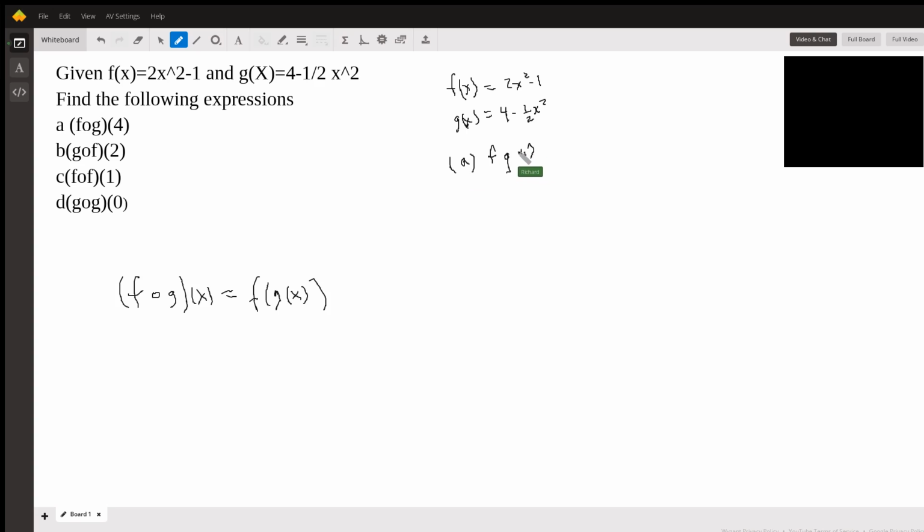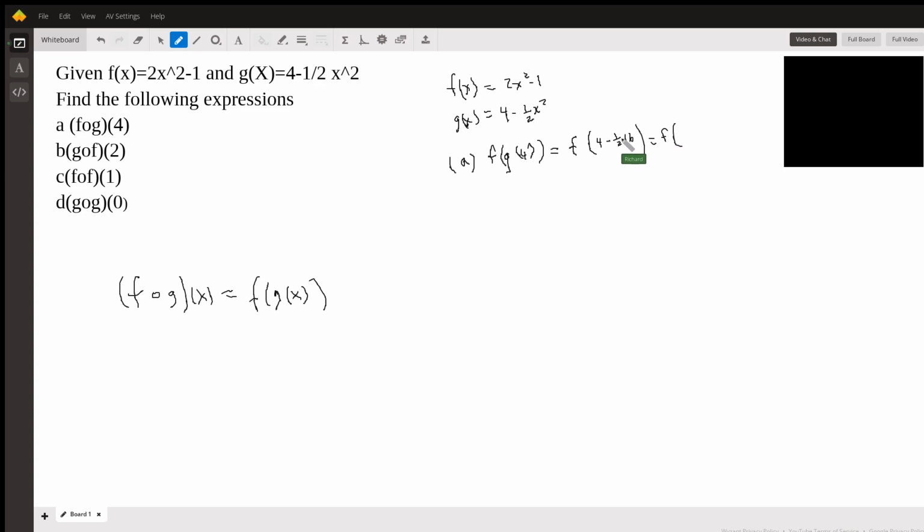And you see, I go right into this much easier, friendlier notation. I'm just making the jump from this old style notation to a newer style notation. The way you do it is you carry the outer function, then you evaluate the inner function. So g of 4 is going to be 4 minus 1/2 of 4 squared, which is 16.